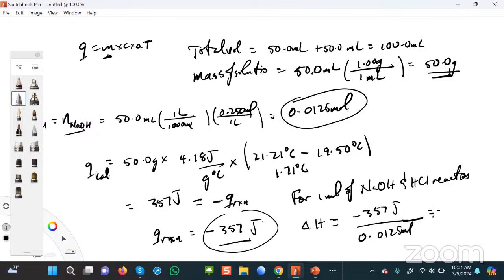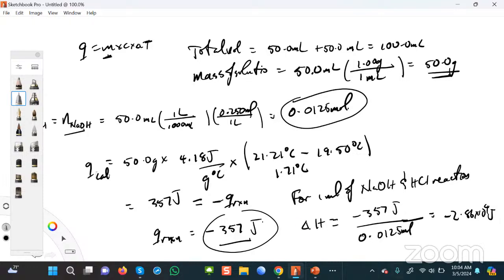All right, so let's see what that gives. That would be negative 357 divided by 0.0125. And according to my calculations, this works out to be equal to minus 2.86 times 10 to the 4 joules. And that's basically how that is determined.